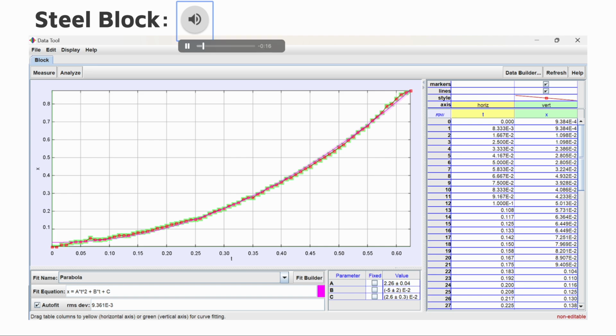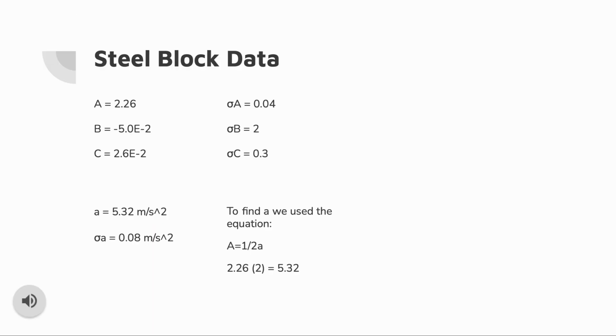As said in the previous slide, our steel block also has a fit of a parabola, and our tracker represents a great fit of the parabola, as well as the values of A, B, and C. Our A value was 2.26 with an uncertainty of 0.04.